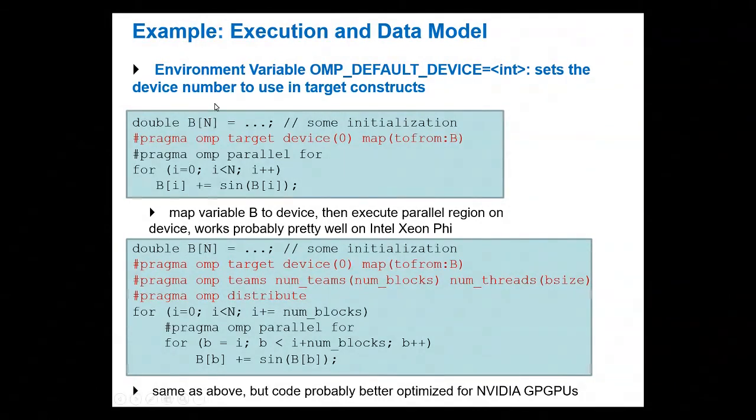For example, you have the original OpenMP parallel for loop. And if you add this target device, what type of device, and the mapping to and from, say, working on this array, this type of work will offload the workload to the accelerators, and this is supposed to work better on the Intel Xeon Phi hardware.